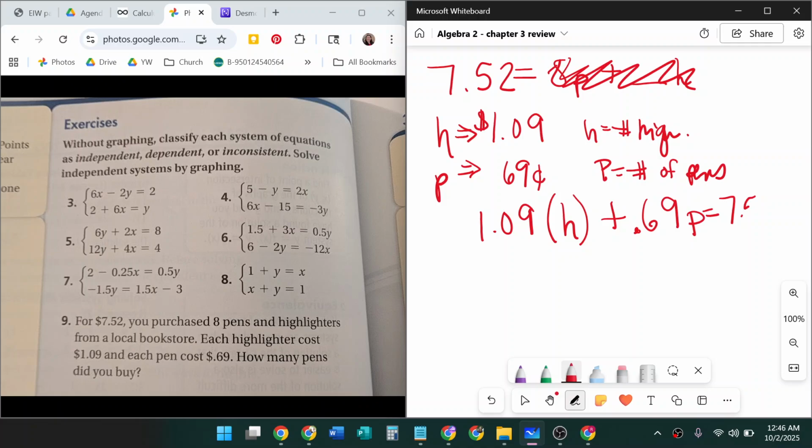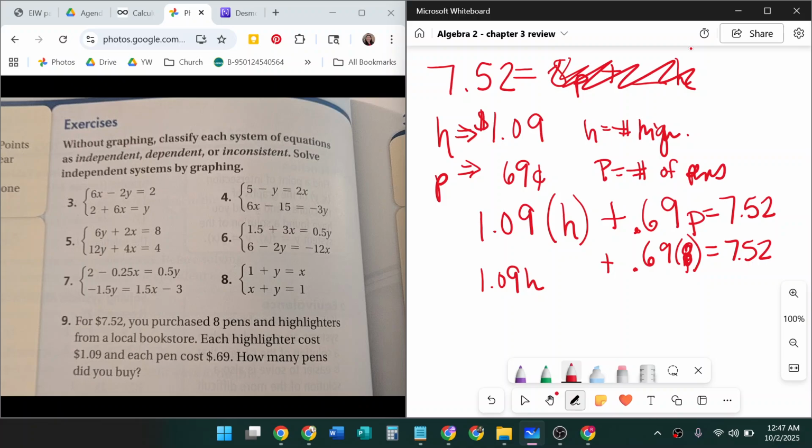That would add up to 752. And then it tells me that I purchased 8 pens, so I know this number. Oops, I meant to actually put the number 8 in there. I'm not really sure what the point of this problem is because I don't really need the skills above.